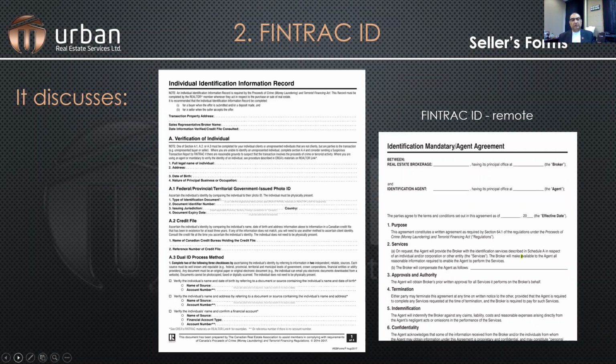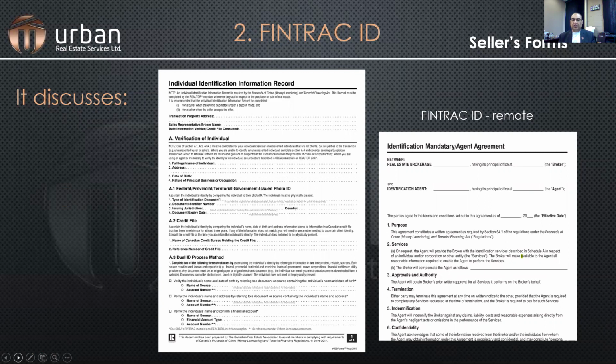Most of the time, your clients will be individuals, but there might be cases when your clients are corporations or companies or some other forms. So mostly you will be using the individual identification information form. The corporation form is also available on the web forms where this form is downloaded from. Whichever kind is appropriate, you will fill.